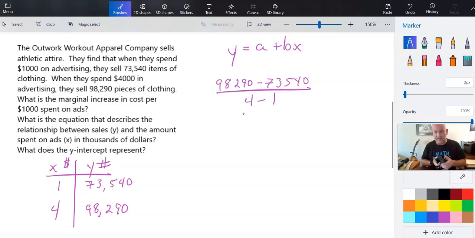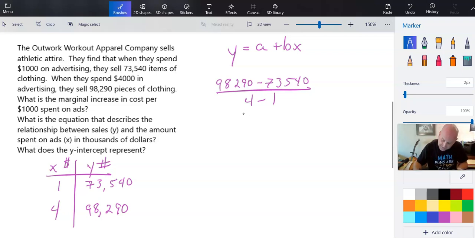So we'll pull out the old handy dandy calculator, and we got 98,290 minus 73,540. If you're putting this in the calculator and your calculator has a comma button, do not use the comma to separate the thousands part of that.